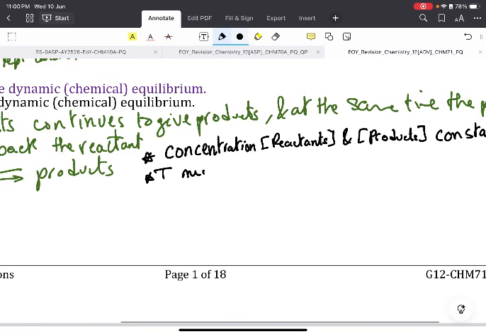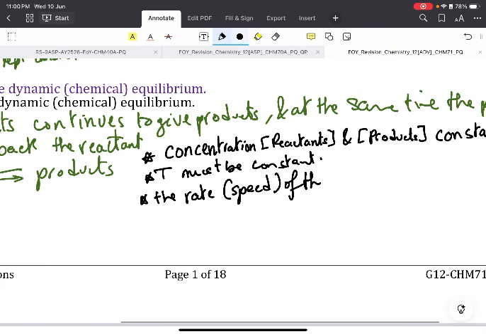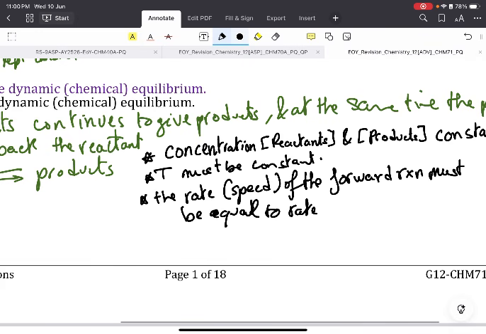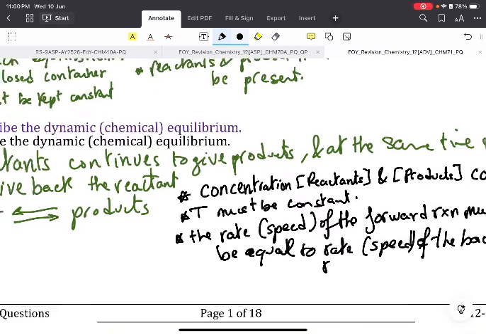Temperature definitely must be constant, and the rate, and I mean by rate the speed of the forward reaction, must be equal to the rate, and that is the speed of the backward reaction.